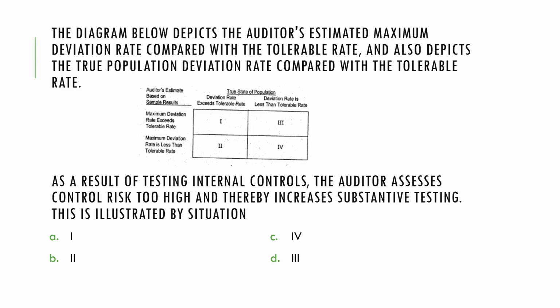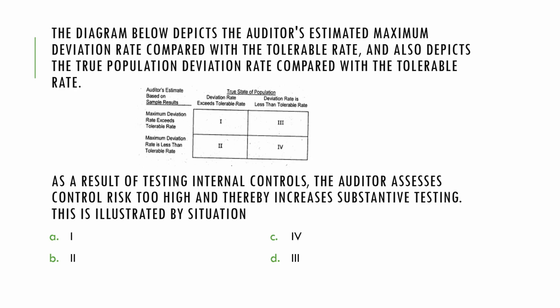We are being shown a diagram, and this diagram is very commonly used for auditing theory illustrations of audit sampling. In fact, this must have come from one of the many materials that we have sourced this compilation of questions from. The diagram depicts the auditor's estimated maximum deviation rate compared with the tolerable rate, and also depicts the true population deviation rate compared with the tolerable rate.